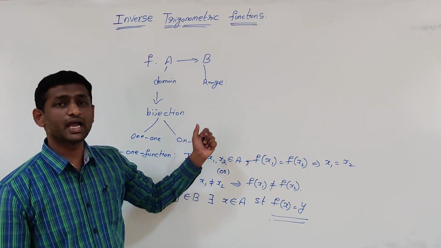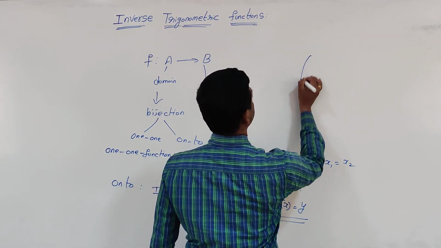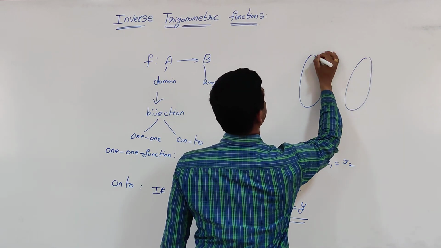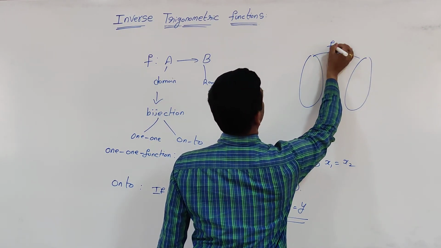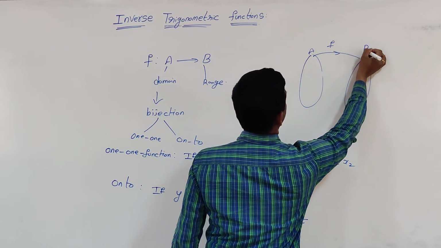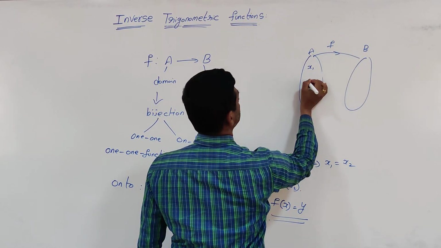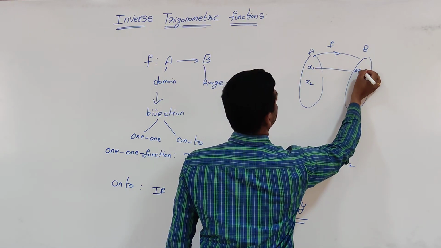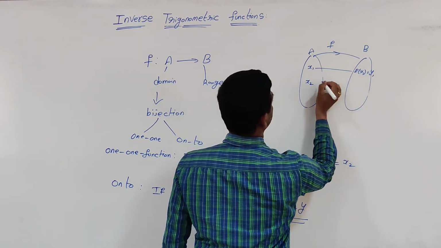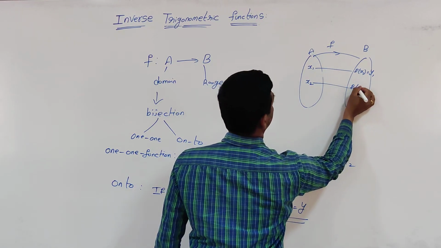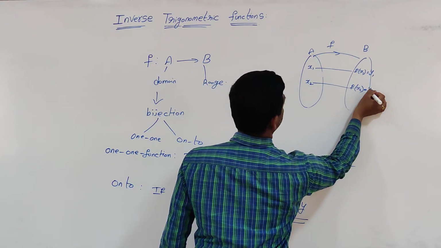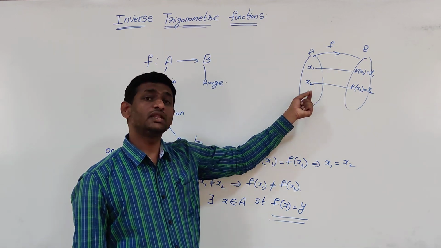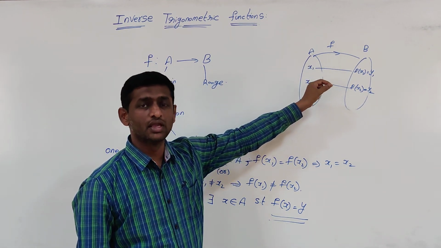We'll go by the arrow diagram. Suppose f is a function from A to B. x1, x2 are two elements. x1 maps to f of x1, that is y1. x2 maps to f of x2, that is y2. If this is a bijection, then the inverse exists.